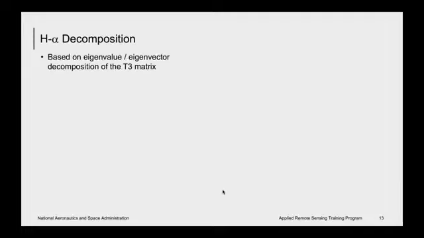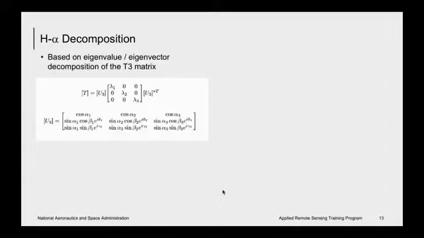The H-alpha decomposition is based on the eigenvalue and eigenvector decomposition of the T3 matrix. So we're starting off with our coherency matrix, and we are applying some matrix algebra there to get to this part. So these lambdas are my eigenvalues, and the U3 are the eigenvectors.